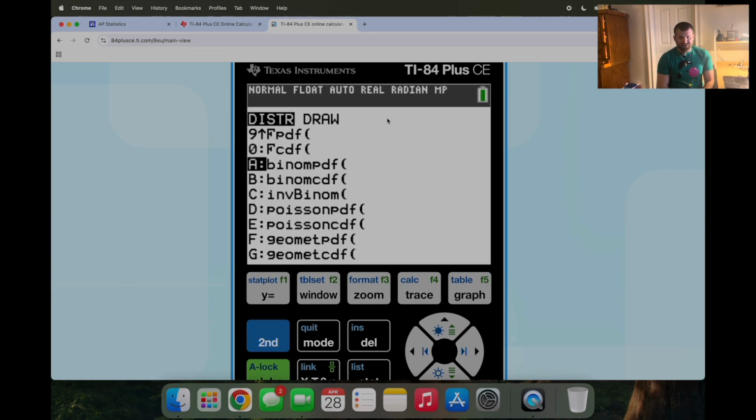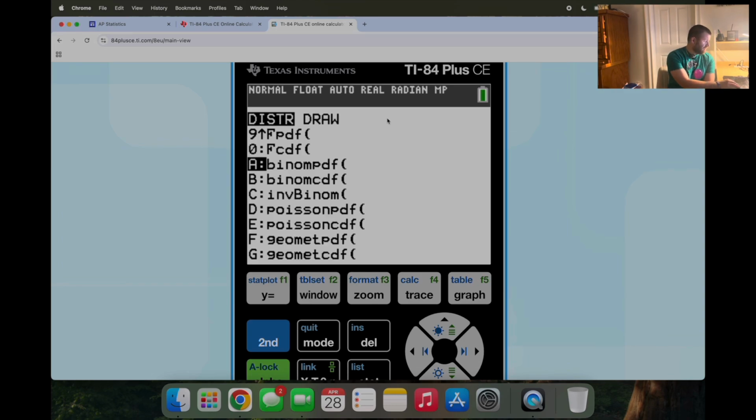One thing for both of these, PDF is a point estimate, or a point density function. So meaning X is equal to an exact number. So if you see exactly 2 successes, that's a binomial PDF. If you see that the first success is on the 5th launch of the rocket, that's a geometric PDF.